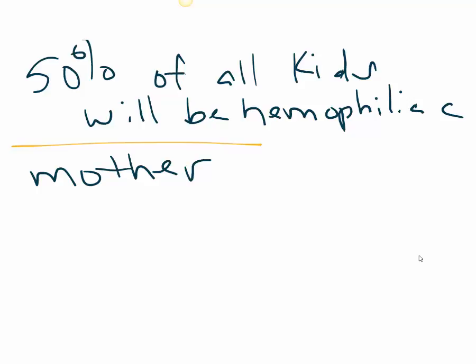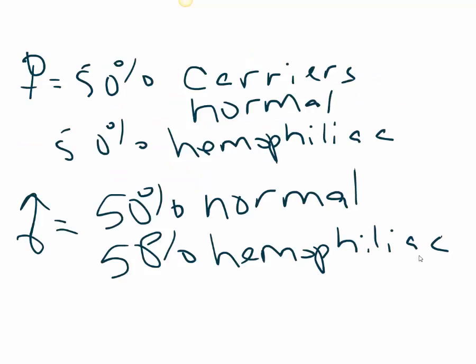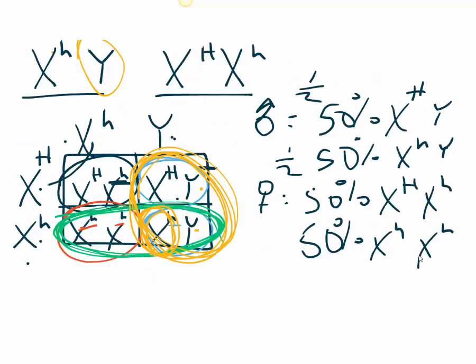And in this example, from which parent do carrier female offspring inherit the disease allele? So of those 50% that are carriers, looking at the females, the carriers here, so that would be this here. From which parent did they inherit it? Well, we look at a female, dad has a little h, that's the only one that he can pass on. So he can only pass on the disease allele.